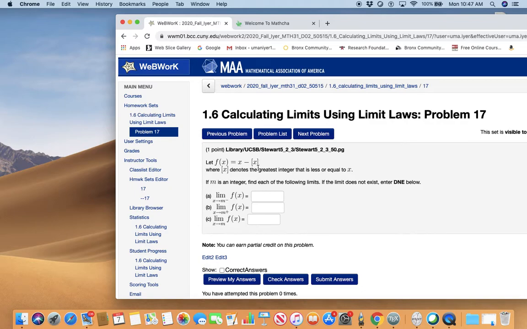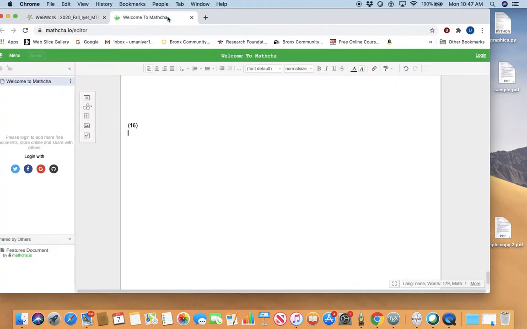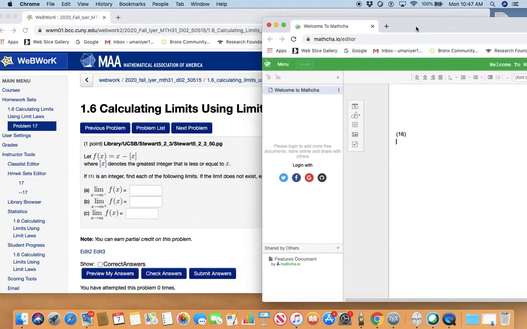This box x denotes the greatest integer that is less than or equal to x. Greatest integer, we covered this in class. Greatest integer is the step function. Okay? Step function. So what does that mean? They are using brackets, so I'll use the bracket of 3.5.